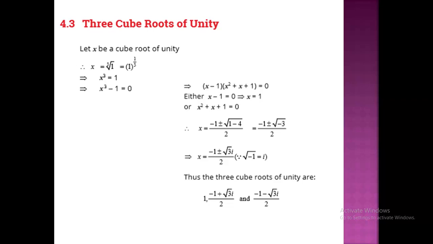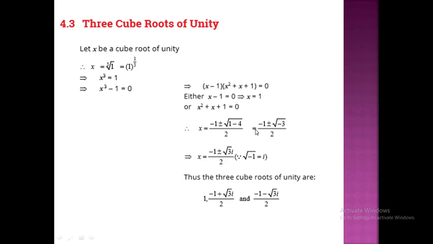Next we have x minus 1 is equal to 0. It gives x is equal to plus 1, and the quadratic equation x square plus x plus 1 is equal to 0. We apply here the quadratic formula. We have a is equal to 1, b is equal to 1, and c is equal to 1.